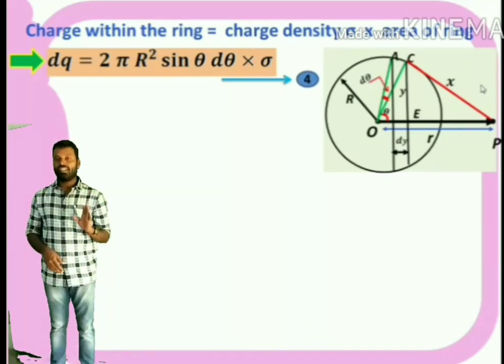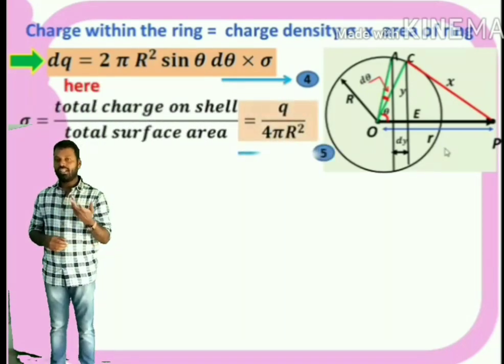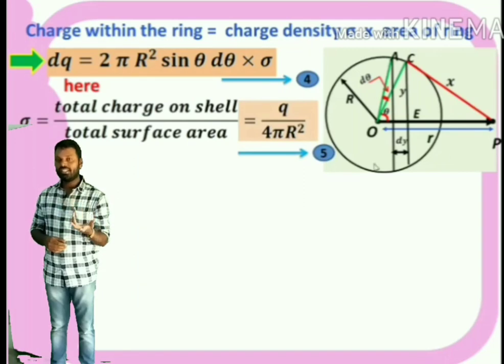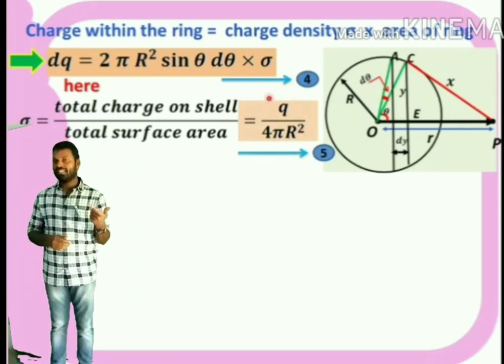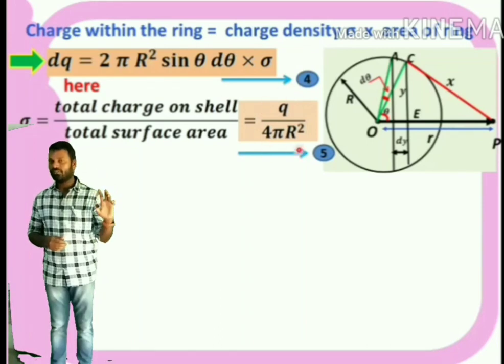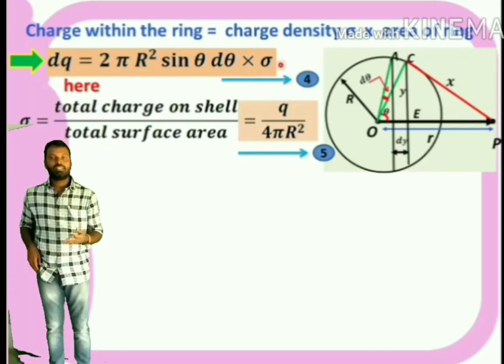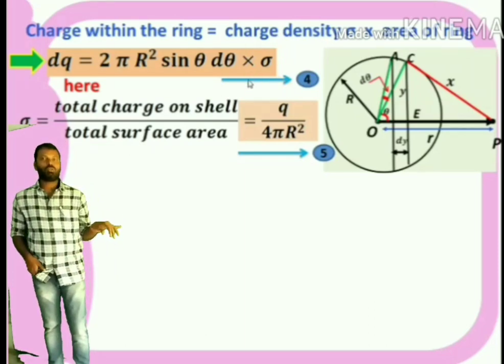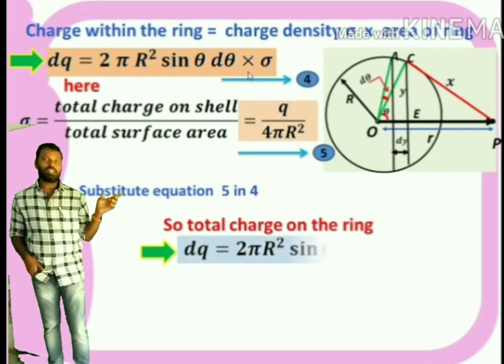Here what is sigma? Sigma is surface charge density, charge by surface area. What is charge? Q by surface area 4 pi R square. So if I substitute sigma is equal to Q by 4 pi R square in above equation, what I will get? dq is equal to 2 pi R square sin theta d theta into sigma.